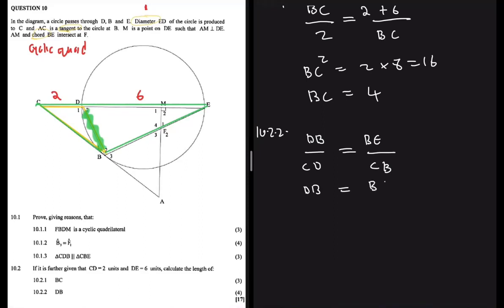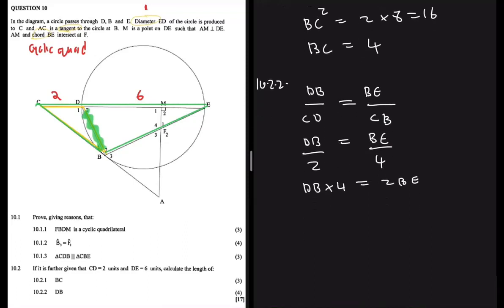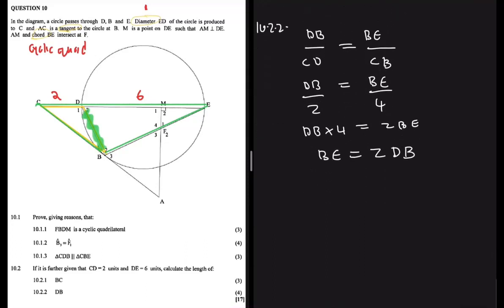It seems like we also don't know what BE is, so let's just leave it like that for the moment. And then we know that CD is equal to 2, and we know that CB is equal to 4, right? So we're going to have DB multiplied by 4 equals 2 multiplied by BE. So basically BE is equal to 2 multiplied by DB.